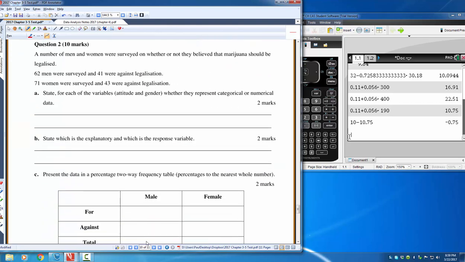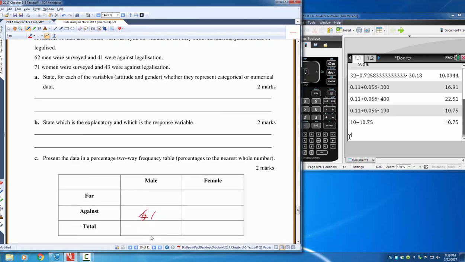Alright, now last question. Got a number of men and women surveyed on whether they believe marijuana should be legalized. 62 men were surveyed and 41 were against. So let's pop that data straight into this frequency table here. So we've got against is 41. The total males surveyed was 62.